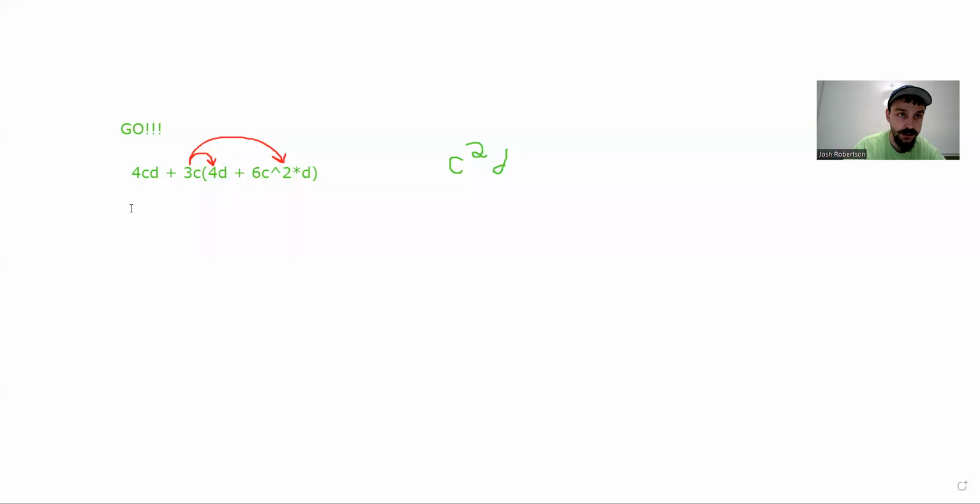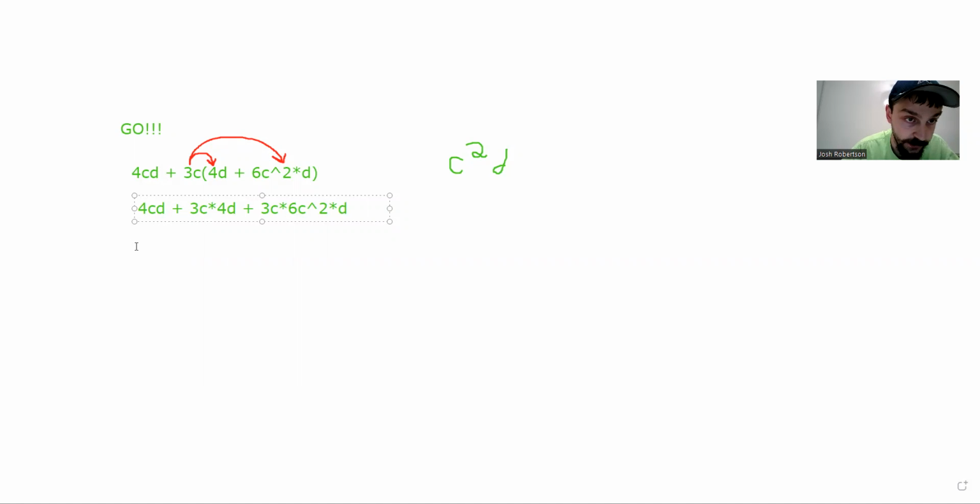So you just copy the 4CD, and then you distribute. Plus 3C times 4D plus 3C times 6C squared D.